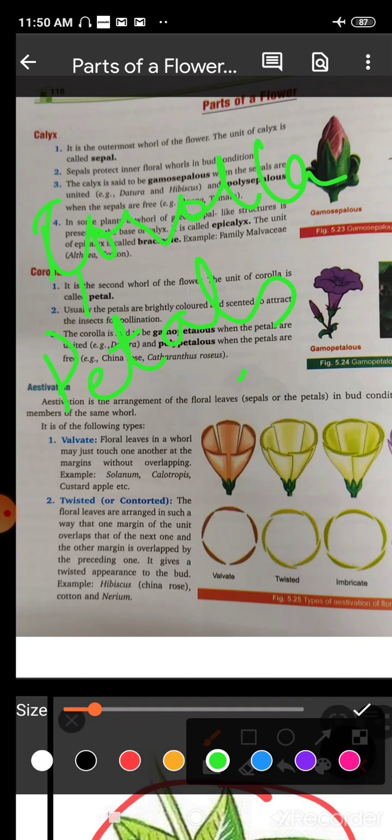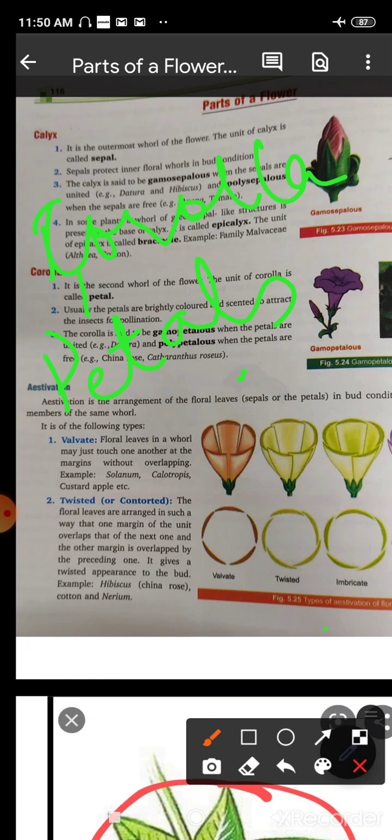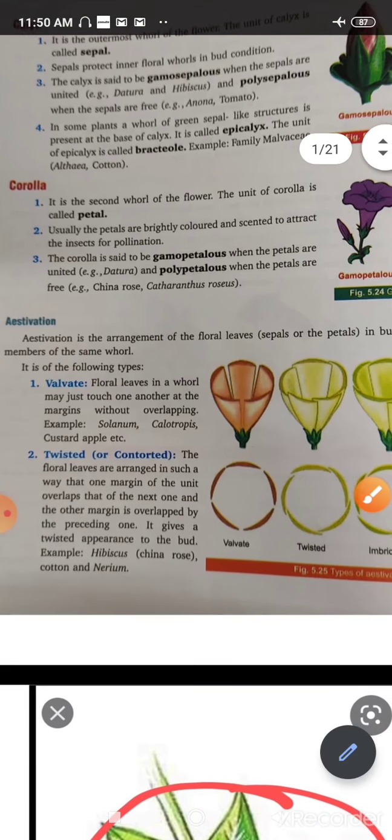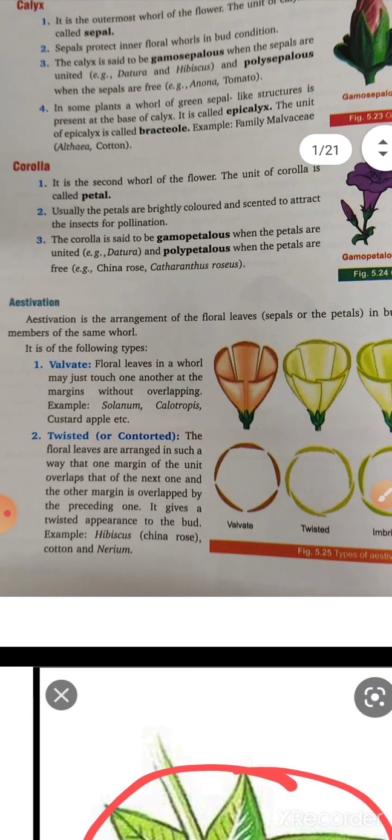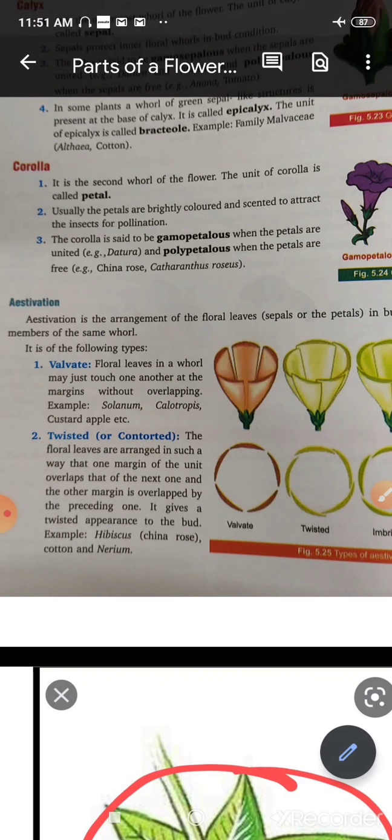So the first we see here is valvate estivation, right? Valvate estivation, where the floral leaves in a whorl may just, what are the floral leaves? The floral leaves are the sepals and the petals. So the floral leaves in a whorl may just touch one another at the margins without overlapping.